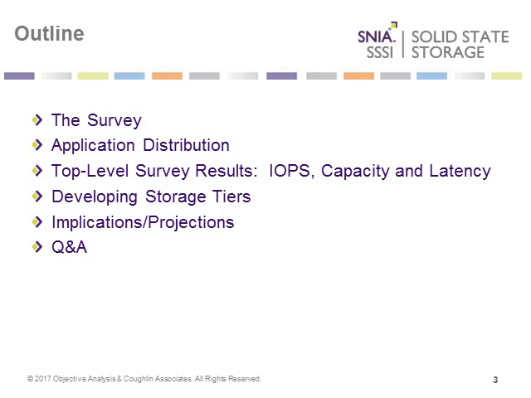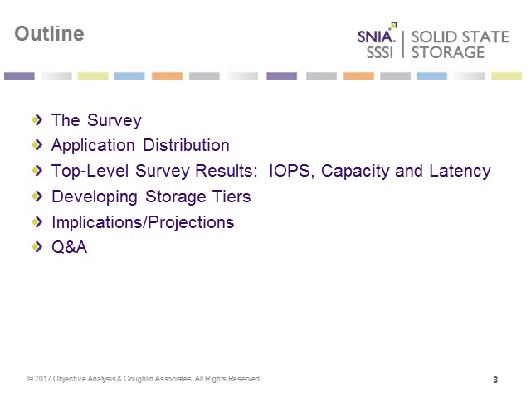We'll be showing some of the high-level results and comparing them for 2012 and 2016. First of all, what is the primary application distribution, then we'll talk about some of these top-level survey results: IOPS, capacity, and latency. We'll give some ideas about storage tiers, where that makes sense, and how that's done. And then finally, some implications and projections for the future, ending up with Q&A.